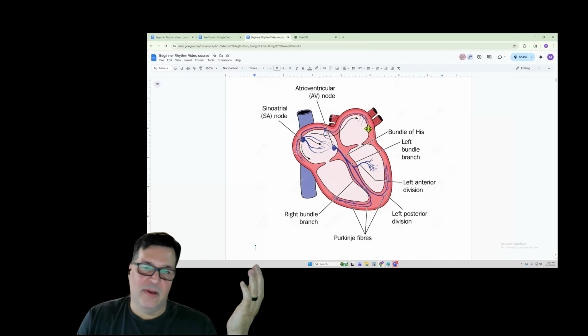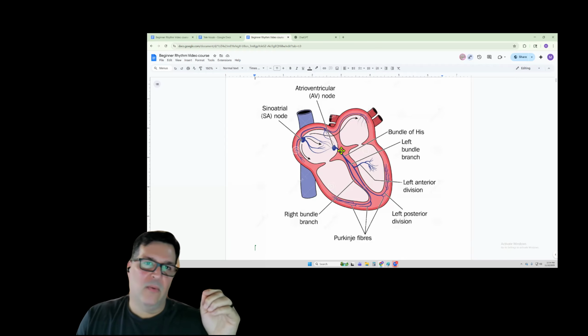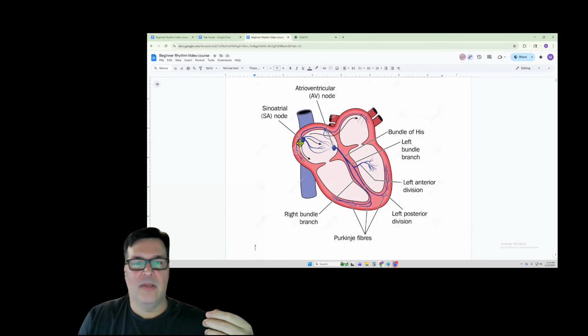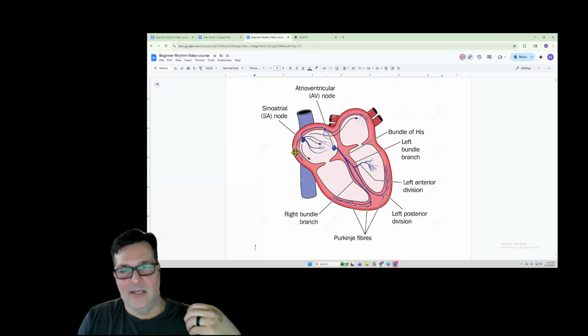This left one that goes over there is the Bachmann. Then you've got one that comes down the middle, and the lateral and the anterior. You don't need to know that. What you need to know is that if it's coming from the SA node, it's going to follow these pathways. The whole heart is like a road, but these are like commuter lanes. They get the nice easy route.